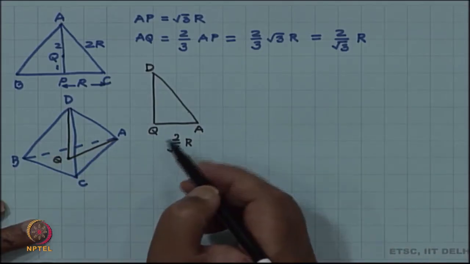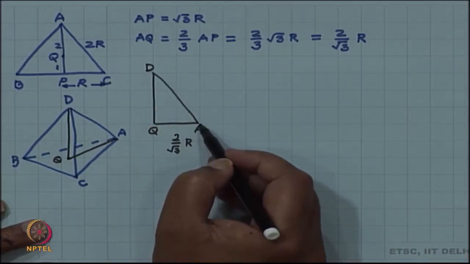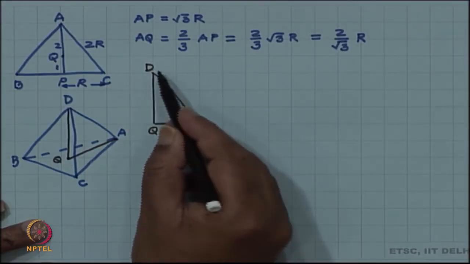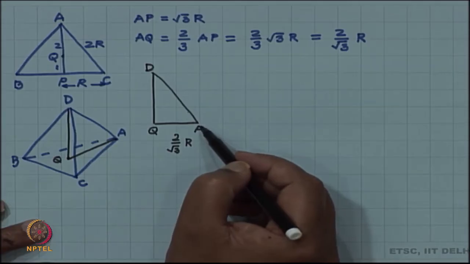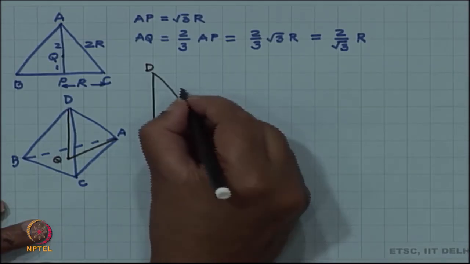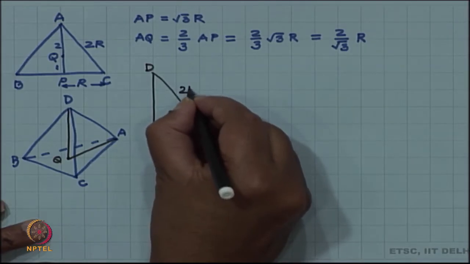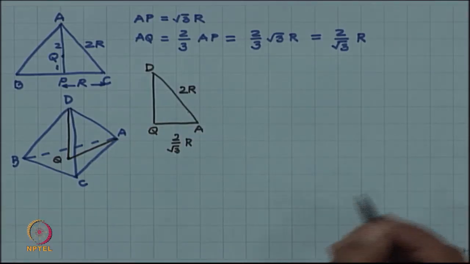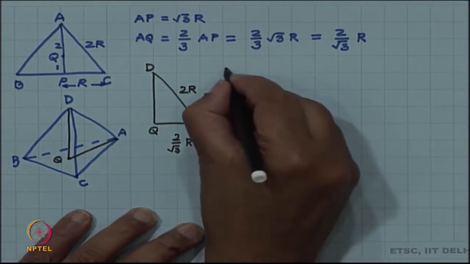All edges are equal. Along AD also atoms touch, because this D is the top atom, the B plane atom, which is touching with the A plane atom. So, AD also is 2R. So, we can easily solve now the height of the tetrahedron.